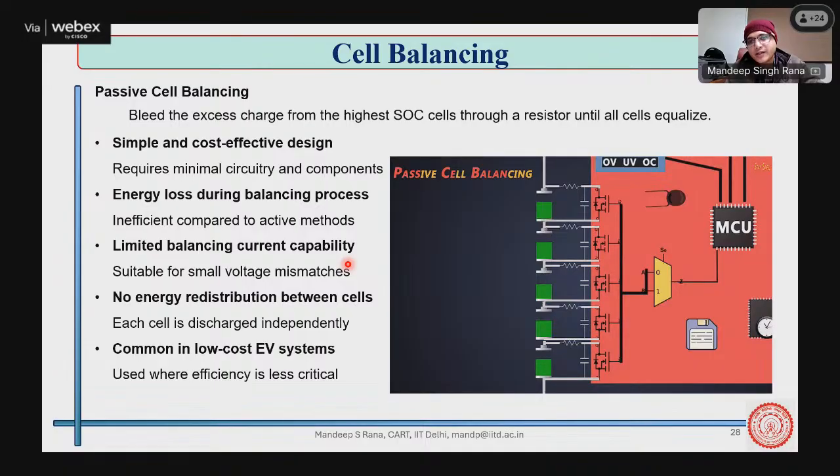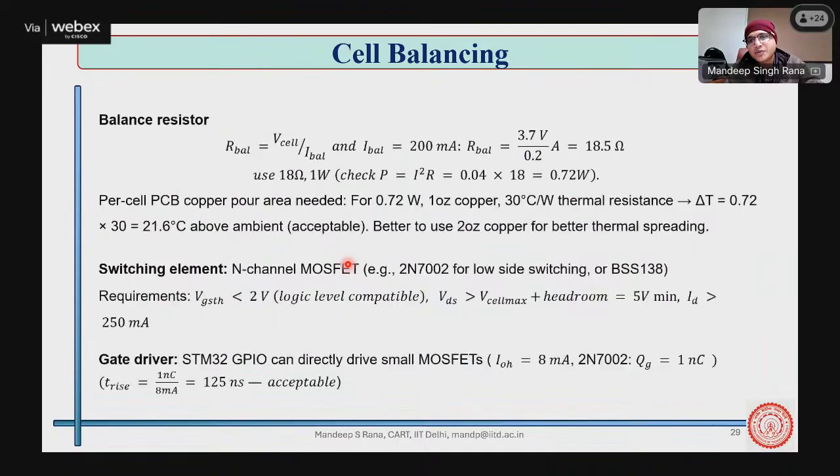But if you go to a little bit more sophisticated system, you need a faster, more effective system without unnecessary energy loss. Then you go to something called active cell balancing. But suppose you want to design a passive cell balancing system, how would you design it? First of all, you need to recognize how much resistance you want to connect there.